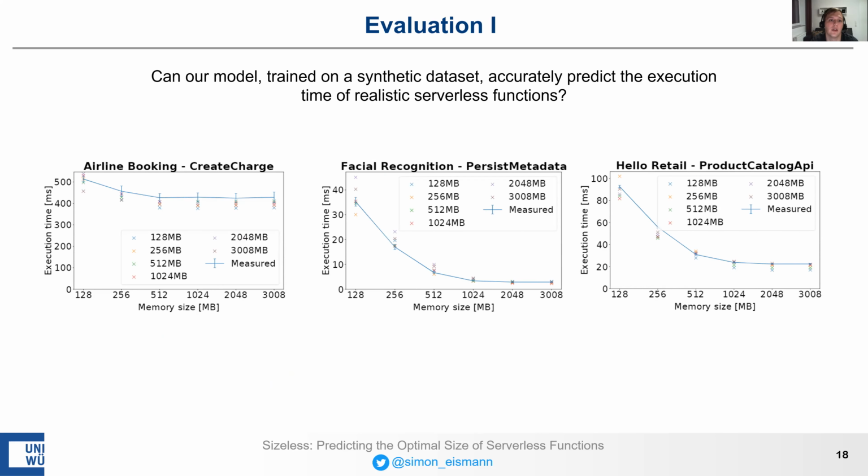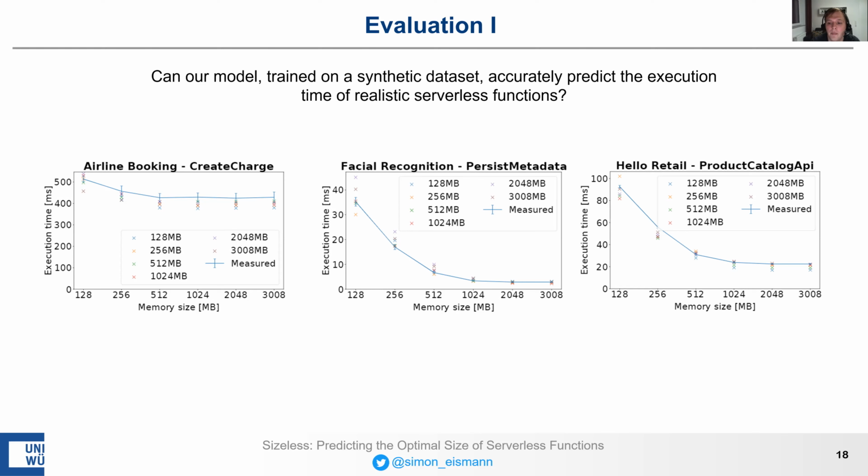So for our evaluation, we've first looked at the question if our model, which we've trained on the synthetic data set, if you remember, can accurately predict the execution time of realistic functions. Here you see 3 examples. In blue you see the observed execution time, and the crosses are the predicted execution time for different base memory sizes.